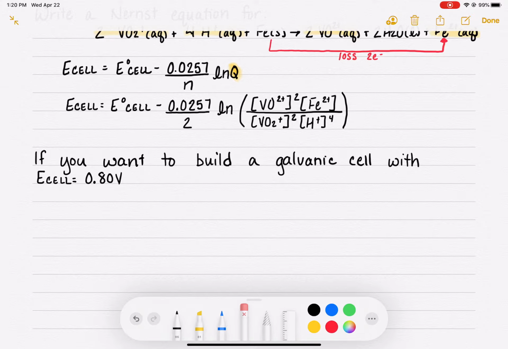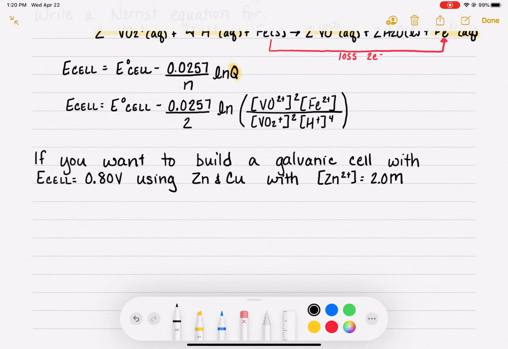We're going to use zinc and copper, and we want to have a zinc 2+ solution that is 2 molar. So we have a particular voltage we're looking for. We know that we want to use zinc and copper for whatever reason.